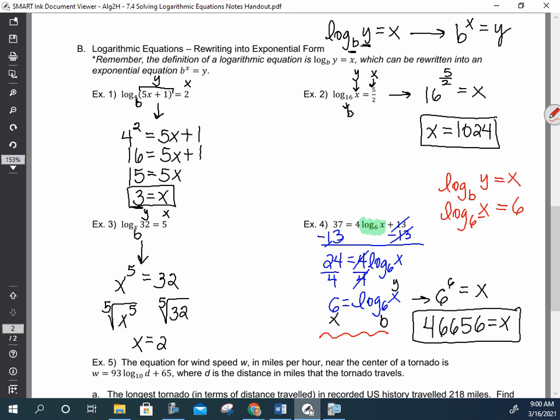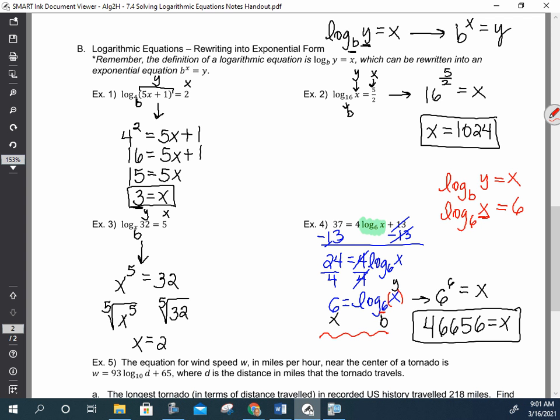Which part, the x? So the base is always that lower number. The next thing that comes after the base is the part that you're taking the log of. So this part should sit a little bit higher than the base. So it's not like an exponential. It probably looks that way based off of the way that I wrote it, so that's more on me than anything else.